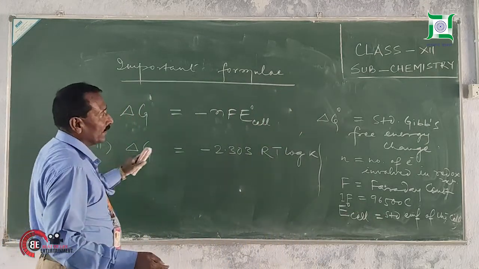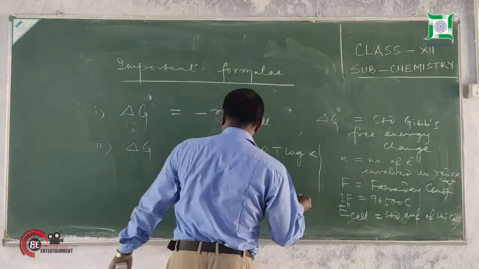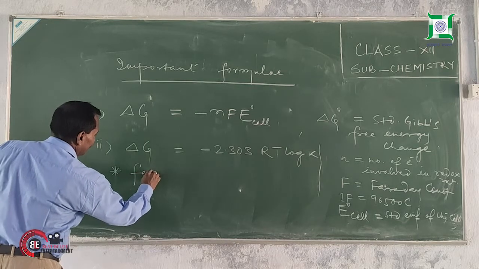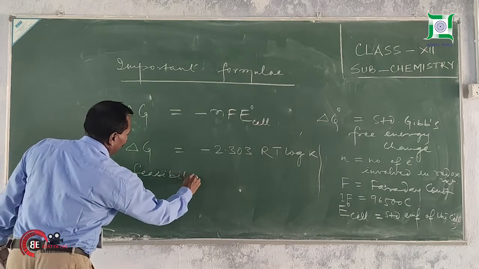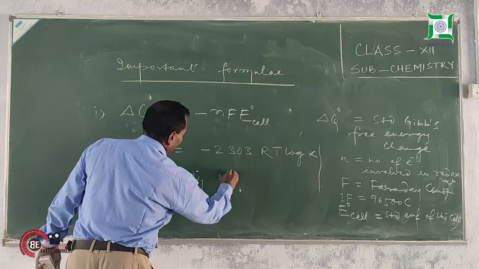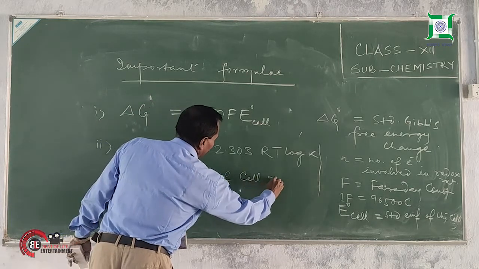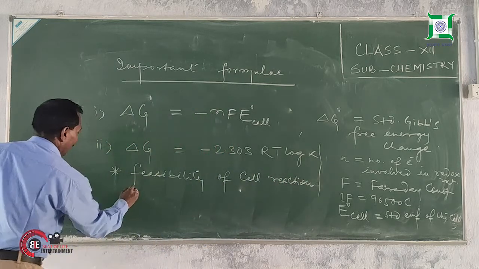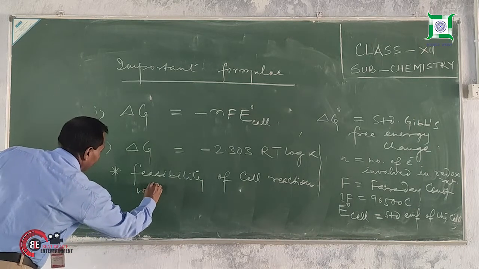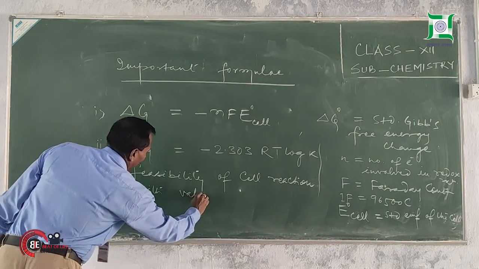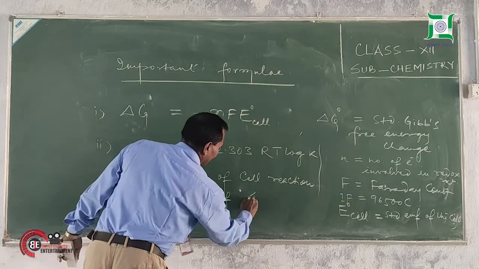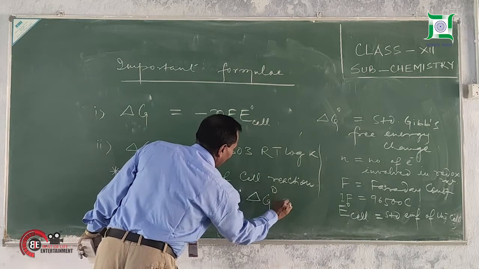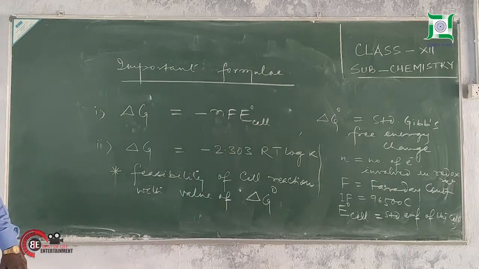So here I will tell you the feasibility of a cell reaction with the value of delta G naught, or standard Gibbs free energy.